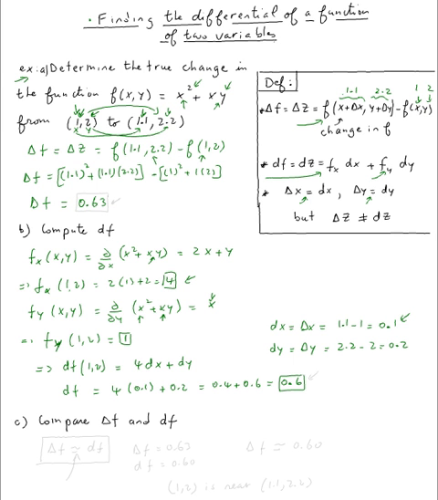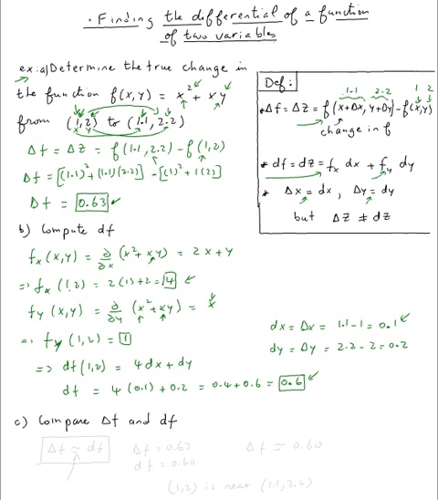And the delta f is 0.63. So what do those two represent? Delta f represents the change in f between those 2 points, the true change in f. The df is kind of like the height, the difference of the height between those 2 points to the tangent line.